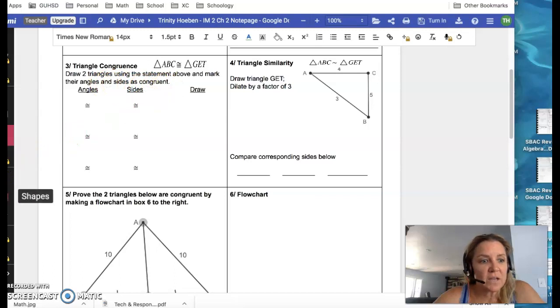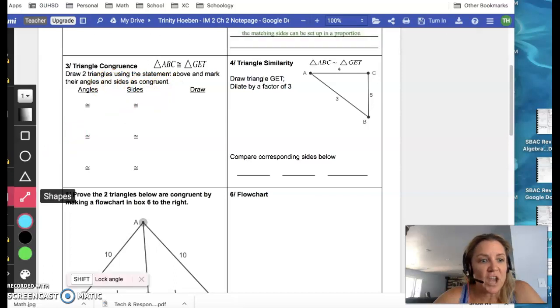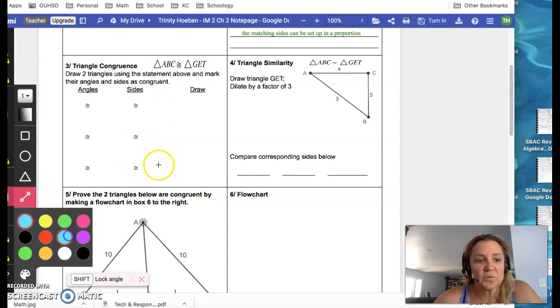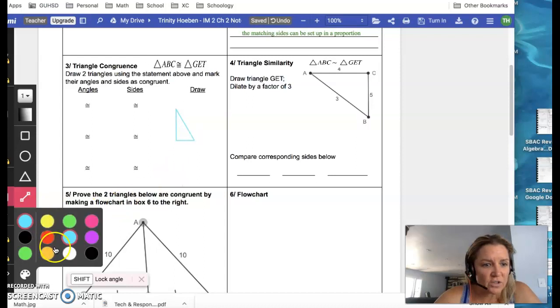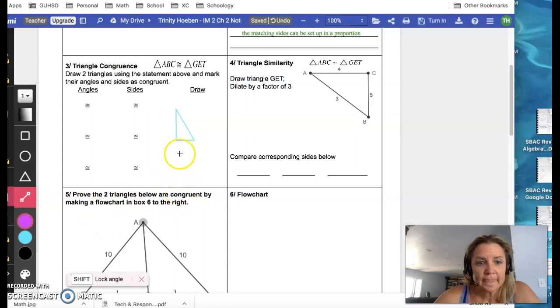I'm going to grab a shape, a line, in blue. I'm going to draw a side right here and then connect those two endpoints. There's one triangle. Now I'm going to do another triangle. Let's use purple.